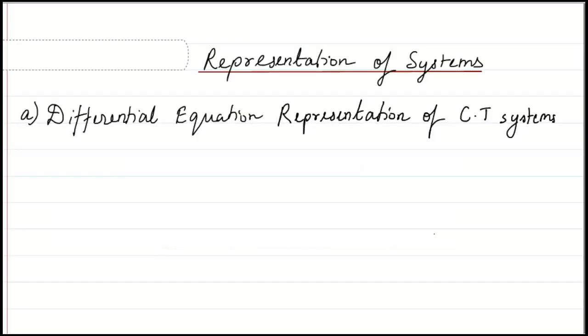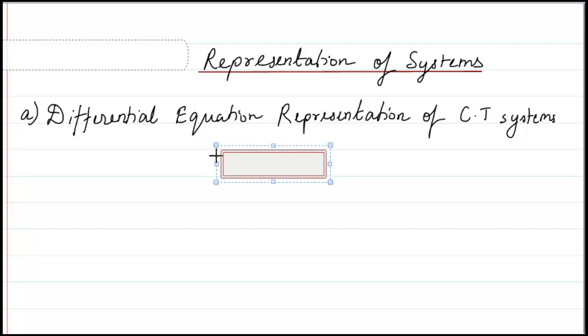Hello students. Next we are going to look at how systems are represented. Already we have studied that a system can be represented by its input-output equation.